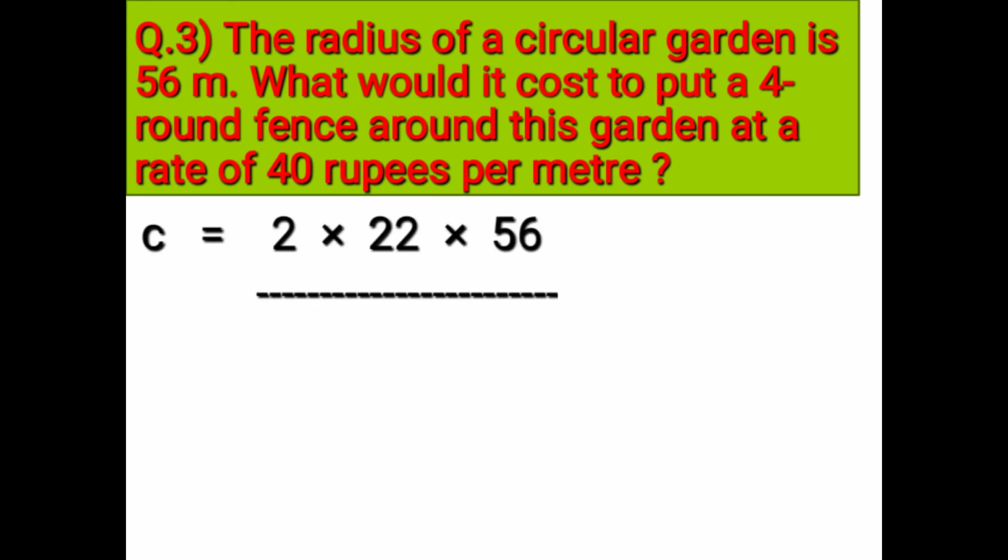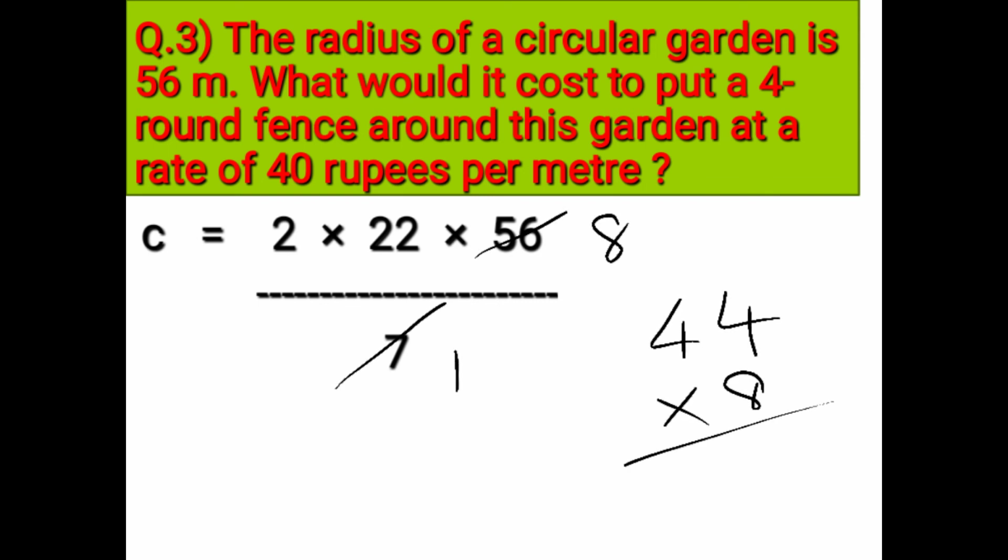Circumference is equal to 2 into 22/7 into 56. Okay. 7 eights are 56, so the 7 table is going here in the denominator. You can do the cancellation method. 2 into 22 is 44. 44 into 8 you do. 8 fours are 32, plus 3, 35.